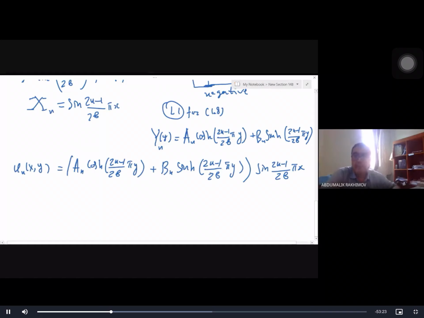So what we can say about these functions is that all of them satisfy the equation and the two zero boundary conditions with respect to x.